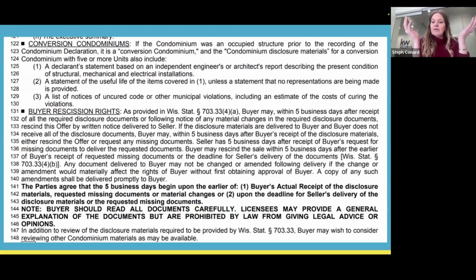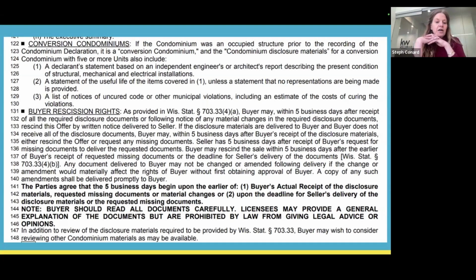What's nice about this provision is that the buyer does not have to cite any reason for why they want to exit the deal. They can just say, upon review of the condo disclosure materials, buyers are exercising their right to rescind the offer, and you would put that in the notice.